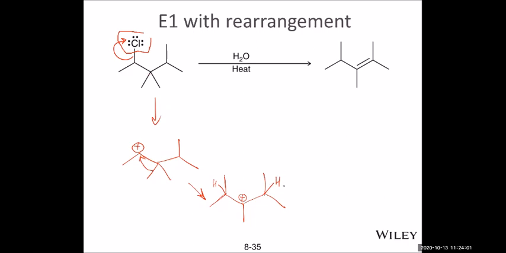To lose the hydrogen, we need a base. What is the base we have in this condition? If you look at the beginning, one of the products is chloride ion, and water can also be a base. Chloride can be a base. Which one is the stronger base?